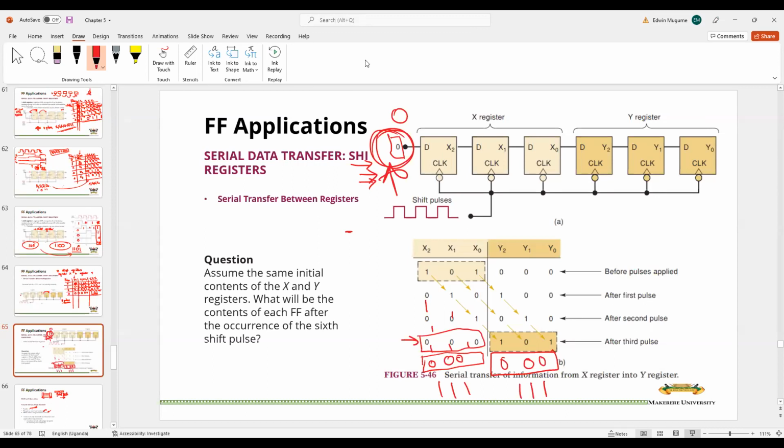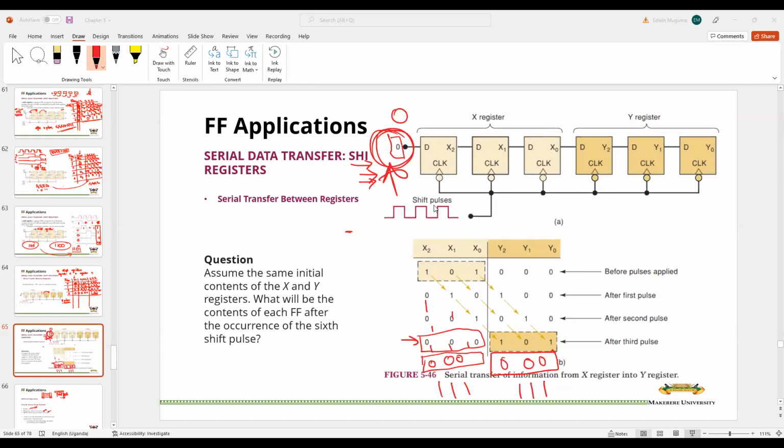I was asking, what if there are only 2 registers? Where does that information go? These are 2 registers. So what do you mean, what if there are 2 registers? The input 0 was pushing our information until it was shifting it, not so?